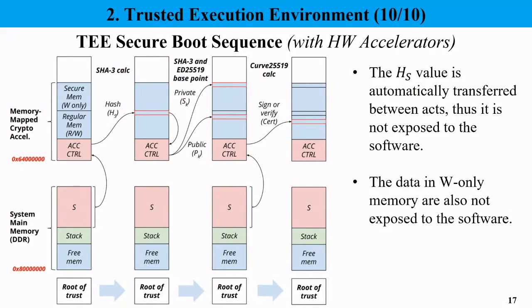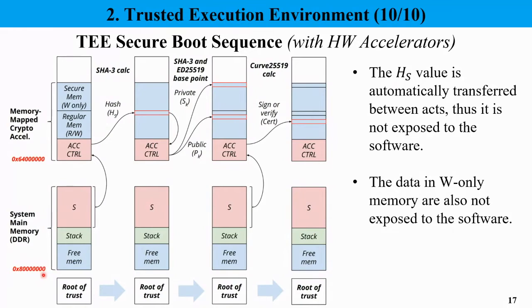This is how the hardware accelerators come in in this procedure for trusted execution environments. This memory map shows the TEE cryptography in the proposed system. The upper row is the crypto accelerators' memory, and the second row is the main system memory.